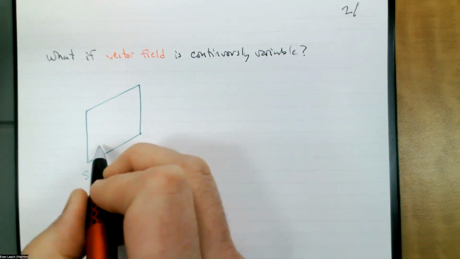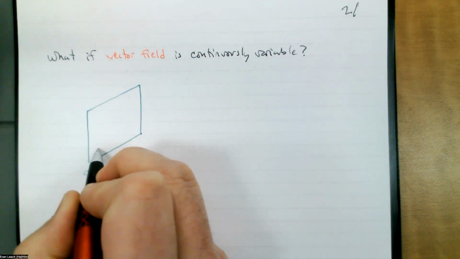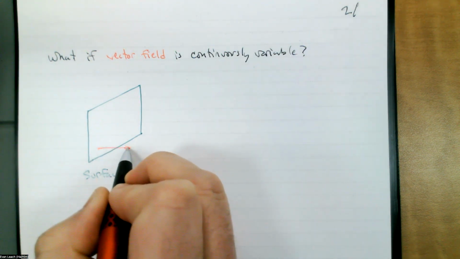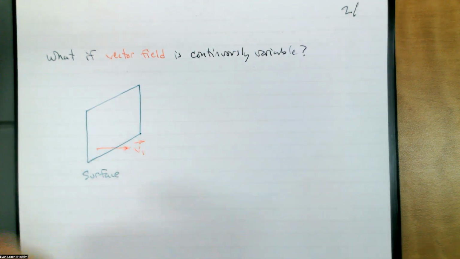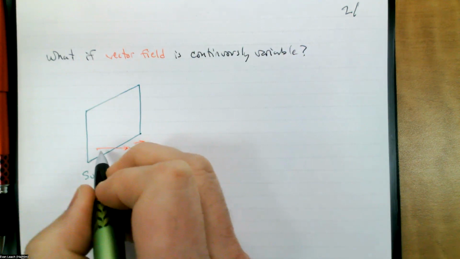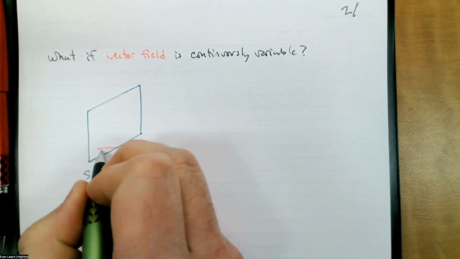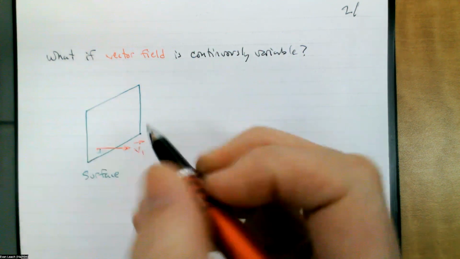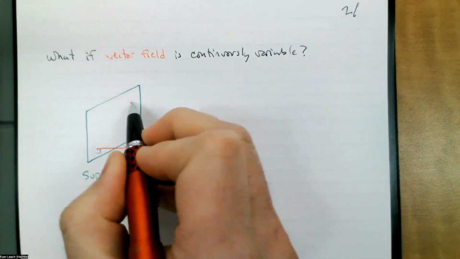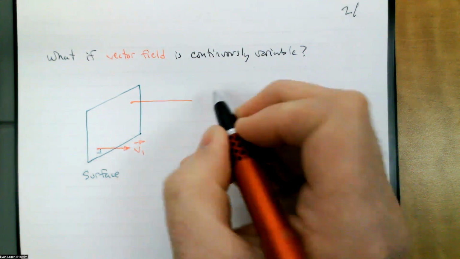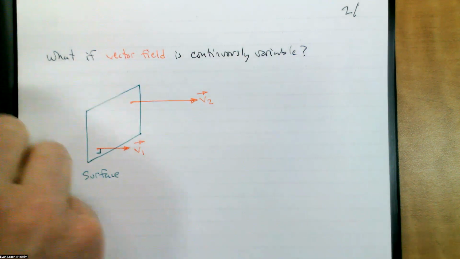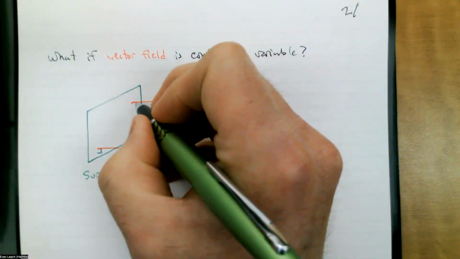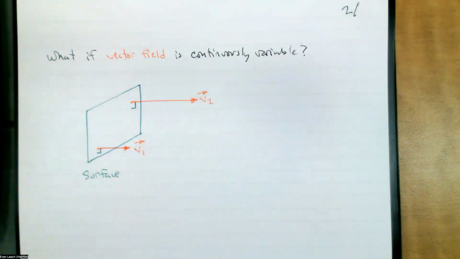Let's say down here we have one value of the vector, but up here we have a different vector. We're still keeping the surface nice and flat, and we're still running perpendicular through it. We can complicate that later.